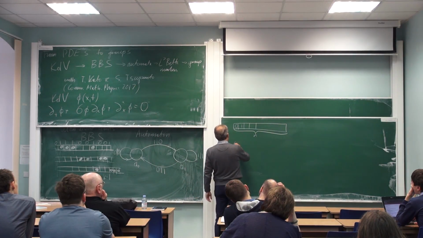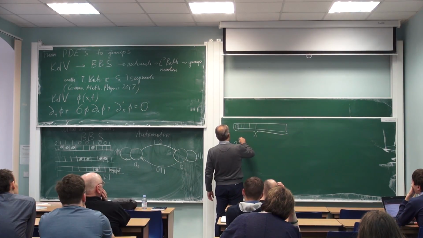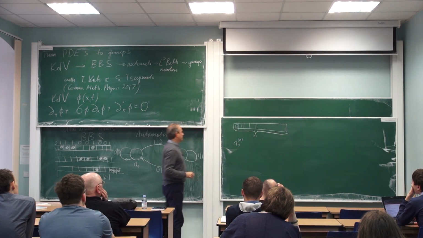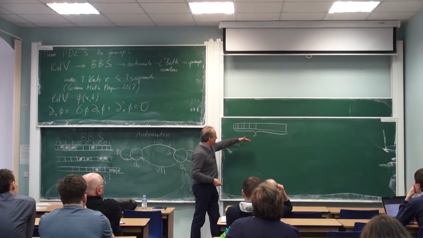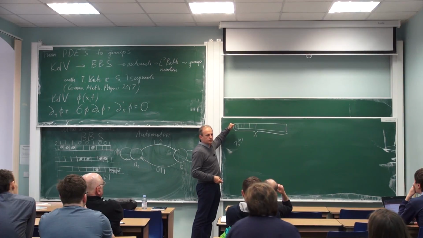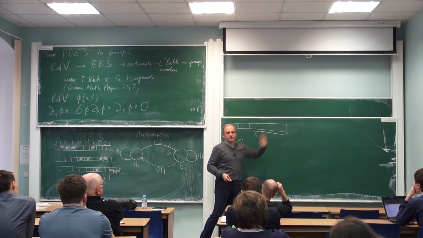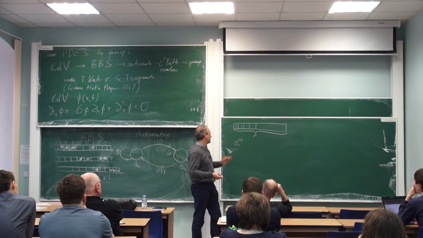So A0,n is this mapping, which could be described by a matrix. The dimension is the number of sequences of zeros and ones of length n.